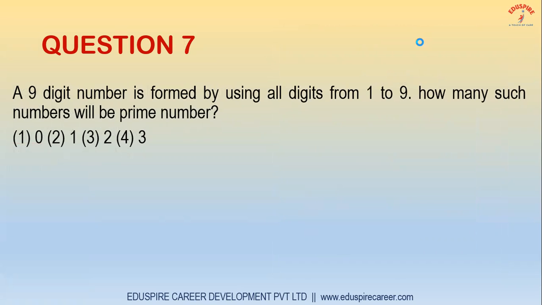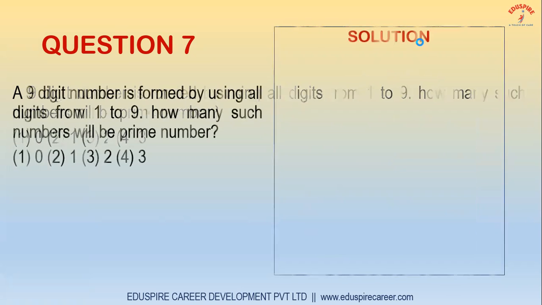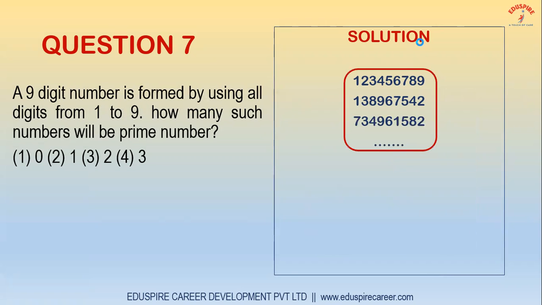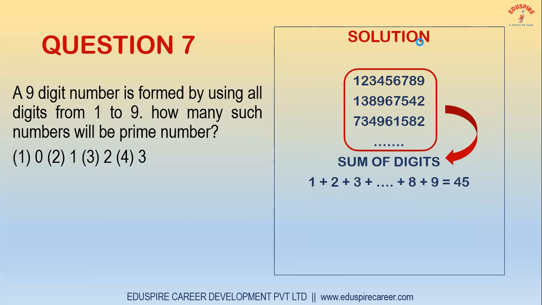So here they're talking about 9-digit numbers, which will be having all the digits 1 to 9, right? If I take an example of some of these numbers, you see the digits will change their positions, but at the end of the day, we can conclude for any such number, if I add the digits, I will always get the running sum from 1 to 9, which is 45.